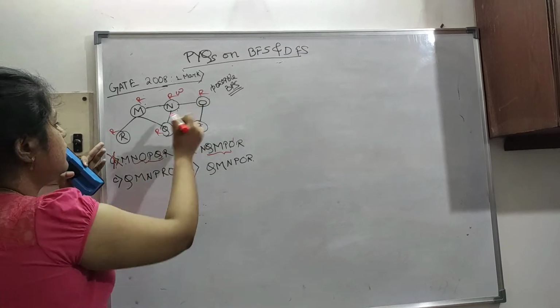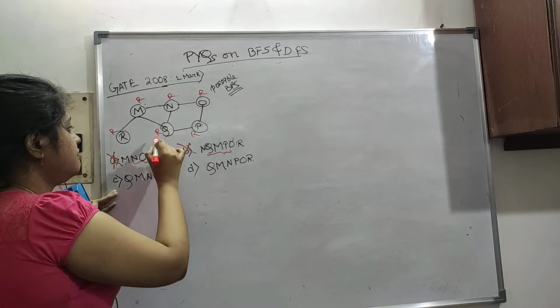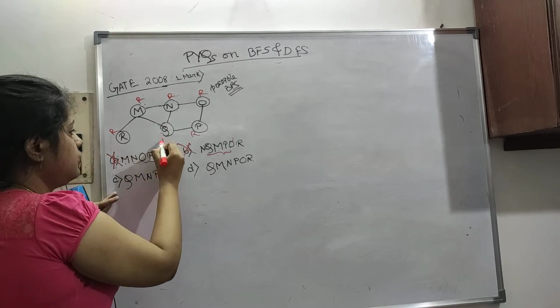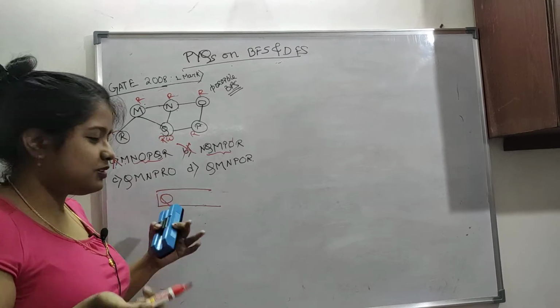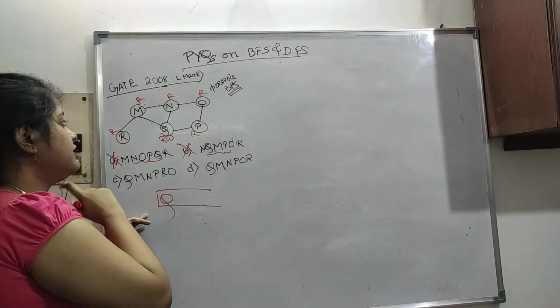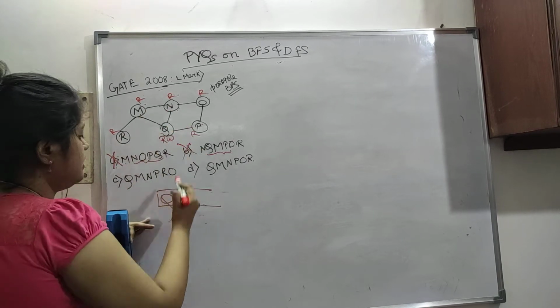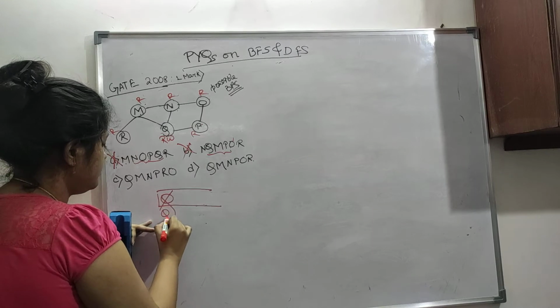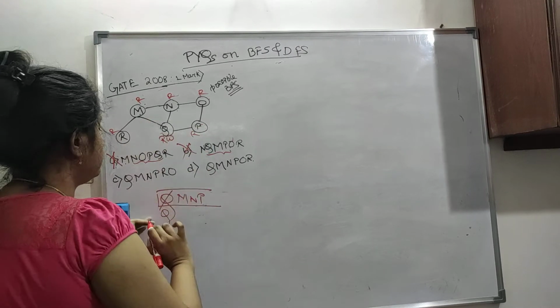Now next, Q is our starting vertex. Let's say ready and waiting, Q is present in Q. The adjacent vertices are M, N, P. Yes, these are all adjacent vertices. Yes, this is right.